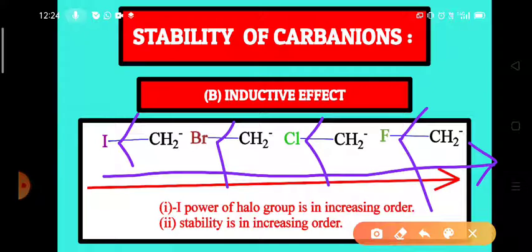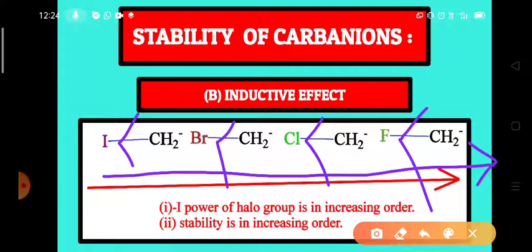So when the minus I power increases, the electron density on the carbon ionic carbon decreases. The minus I groups remove or decrease the negative charge on the carbon ionic carbon. That means they share the carbon negative charge.